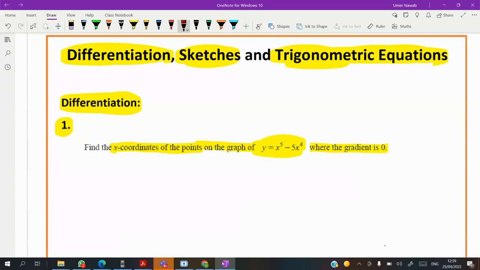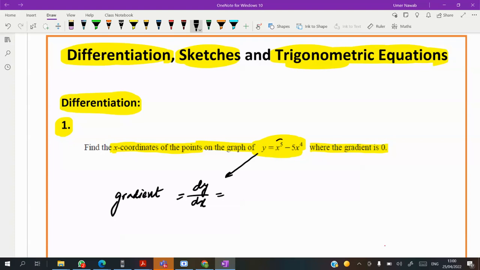As you all remember, the gradient of a graph is dy by dx. So when we take the dy by dx or the derived function, it represents the gradient of the graph.